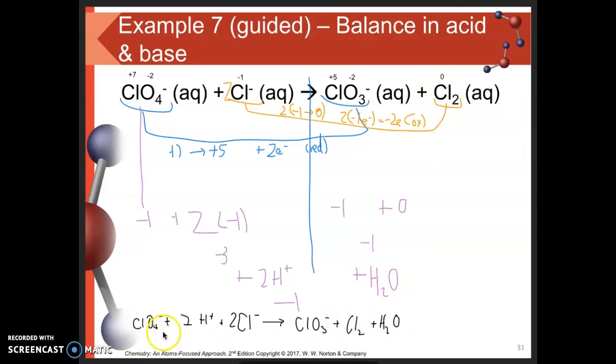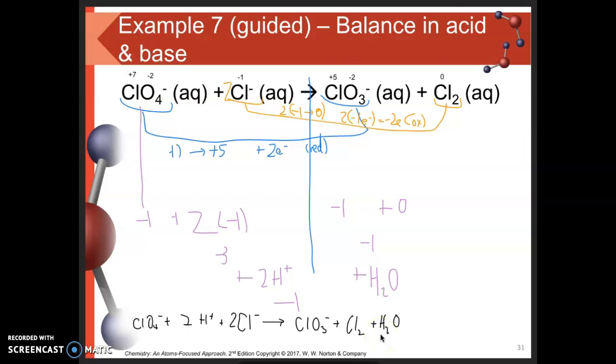And if I add it all together, I see I've got 1, 2, 3 chlorines to match up with the 3 chlorines here. I've got 4 oxygens to match up with the 4 oxygens here. And I've got 2 hydrogens to match up with the 2 hydrogens here. So from an atomic standpoint, it's balanced.